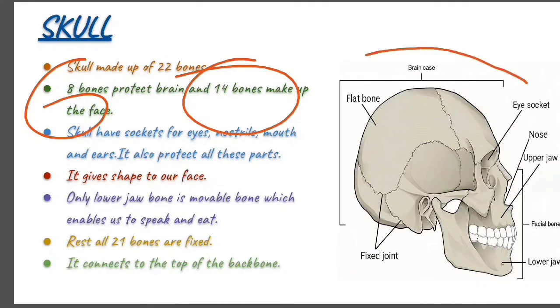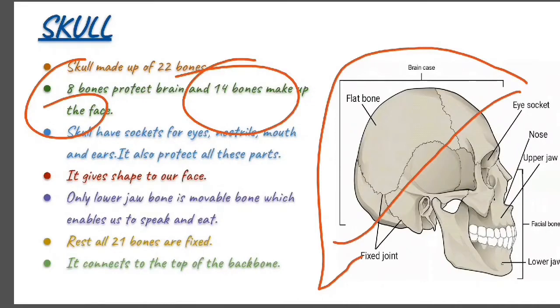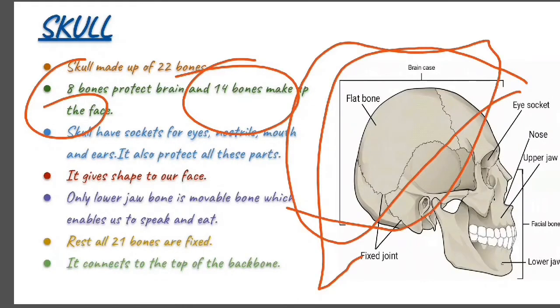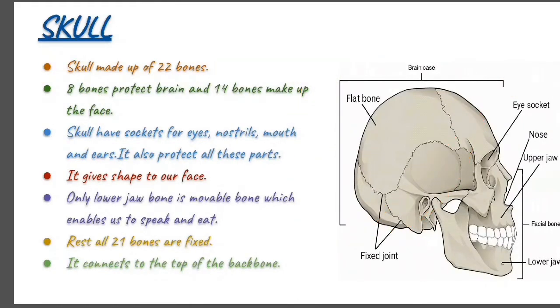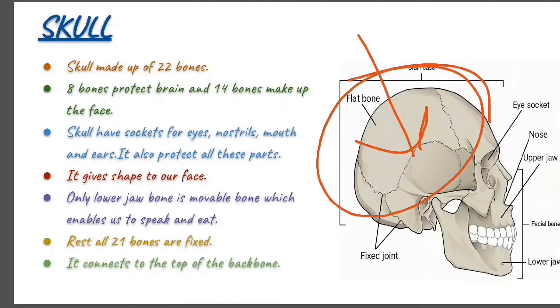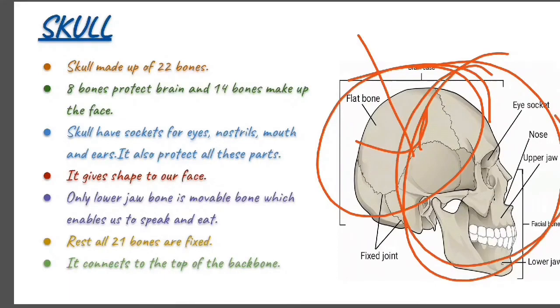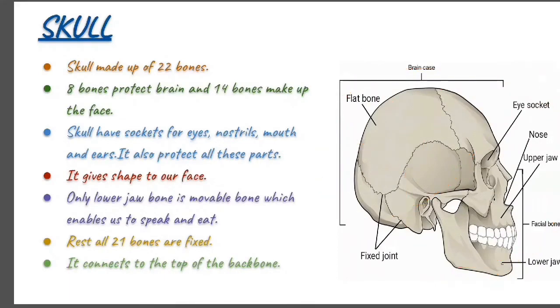This portion has 8 bones that majorly protect your brain inside it, and the remaining 14 bones make the framework of your face, that is, how your face is going to look.